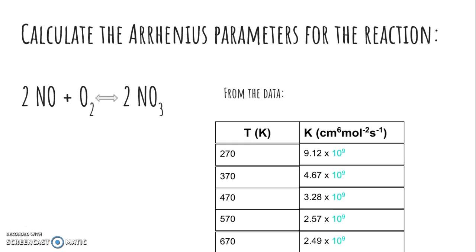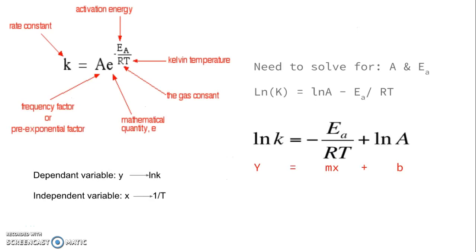So the main effect of the temperature on the rate of a chemical reaction comes through the specific rate constant, k. The effect of temperature on k is described by the Arrhenius law. The Arrhenius law says that k is equal to A e to the power of negative Ea over RT. k is our rate constant and A is our pre-exponential factor, which is also equal to the number of collisions at the atomic level.